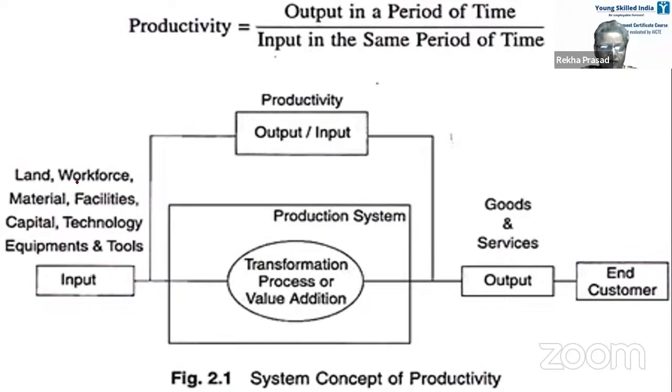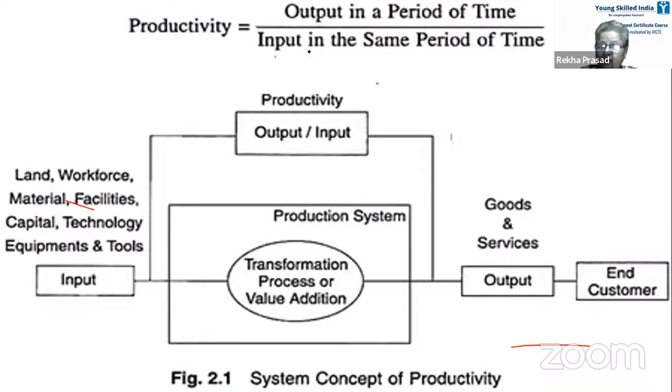Land, workforce, material, facilities, capital, technology, equipments, and tools. It is being transformed, some value addition is being done to it, and it is being transformed into goods and services, and it goes to the end customer. This is the system concept of productivity. Output divided by input. Output in a period of time, in the same period, what is the input? That is what is productivity.